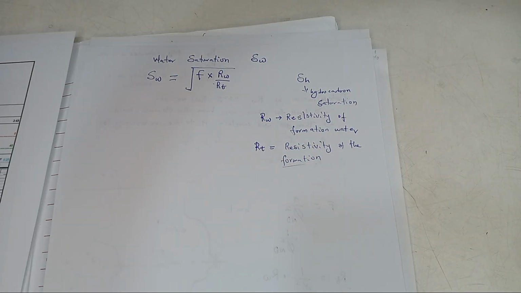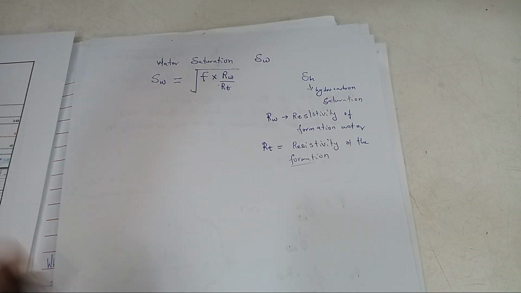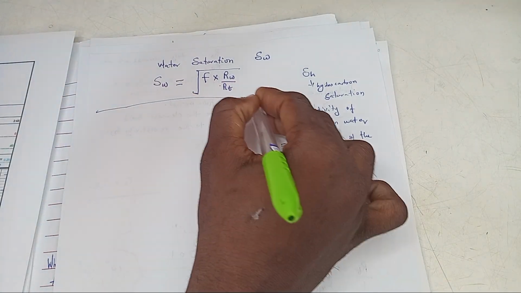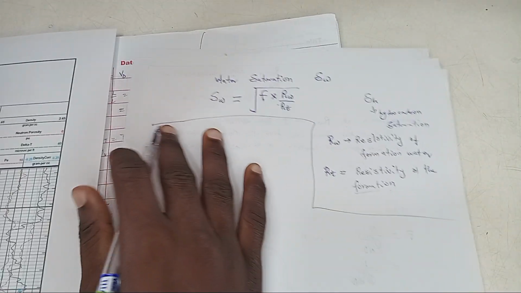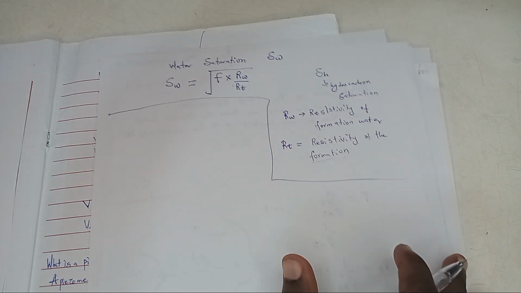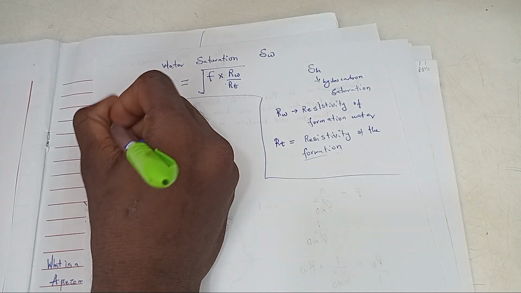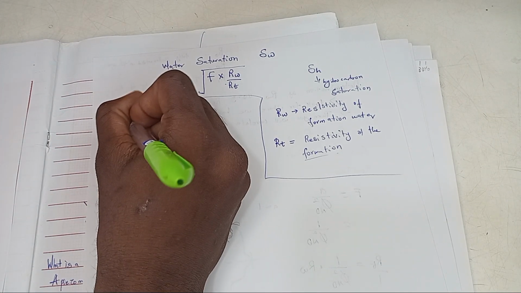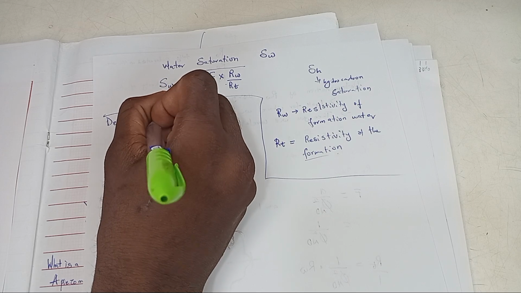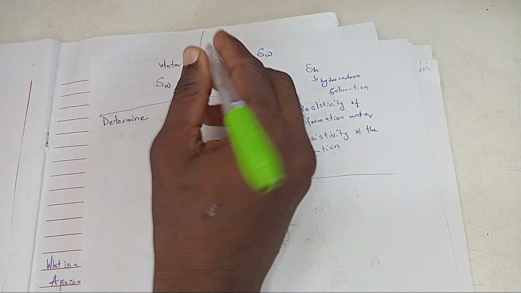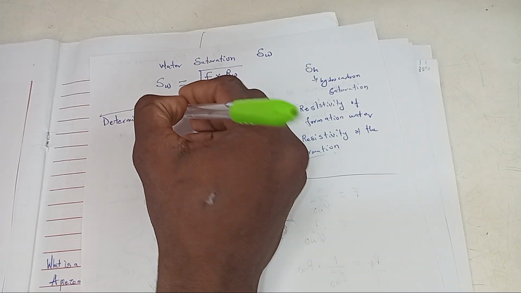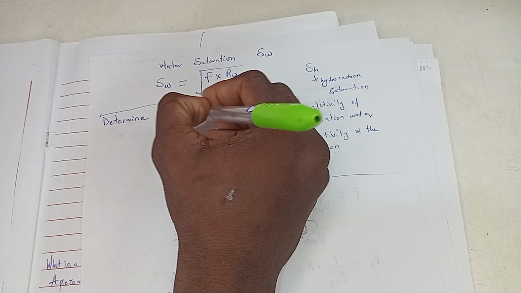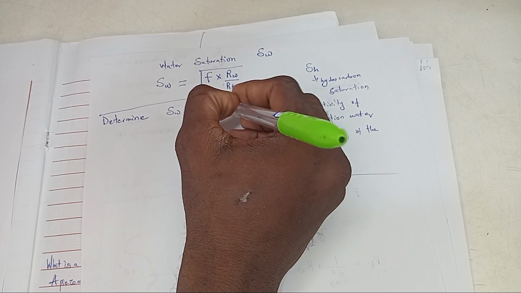Now, how do questions come out for this? You'll be told to determine SW, the saturation of water, using a single data point.